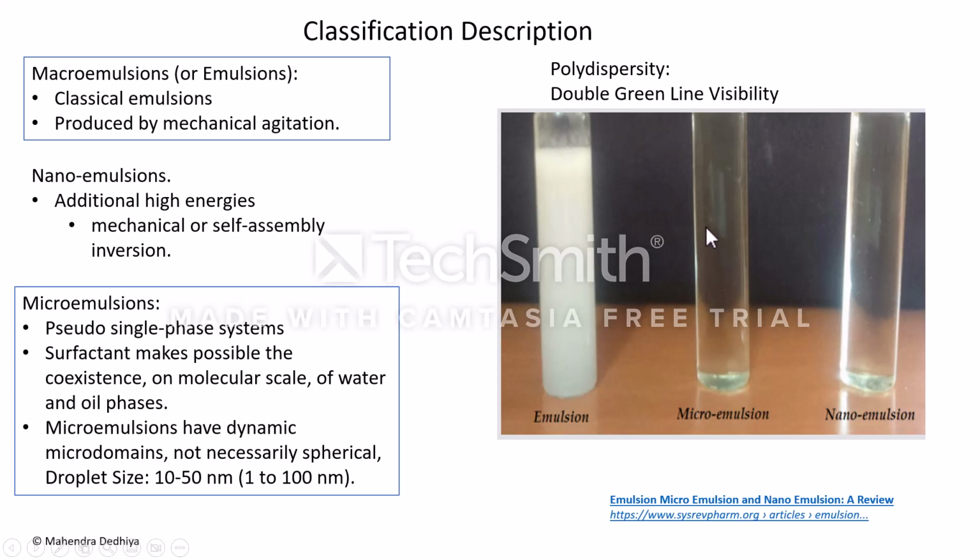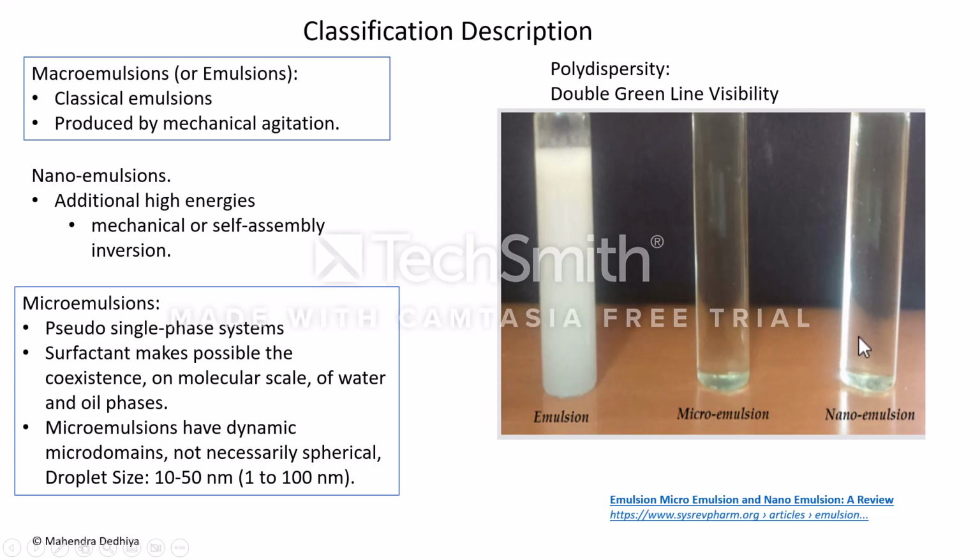As can be seen through these green lines here, microemulsion has a very good clarity compared to nano, which has a reasonably good clarity, and the classical emulsion, where the lines will not appear. So these are critical properties of emulsions.